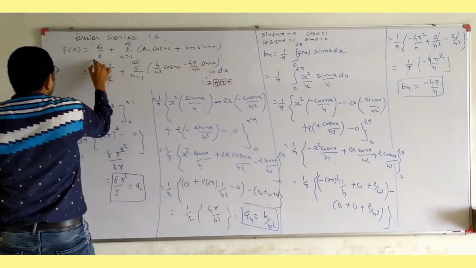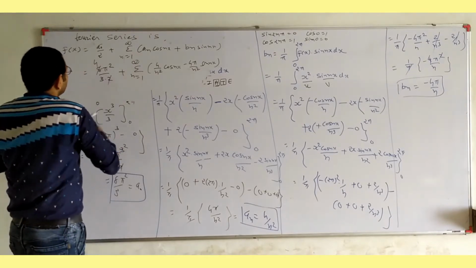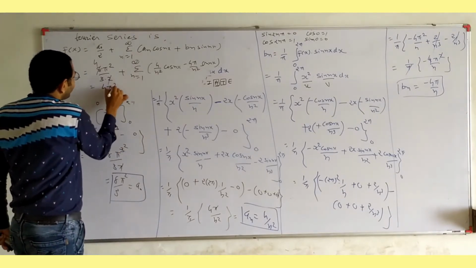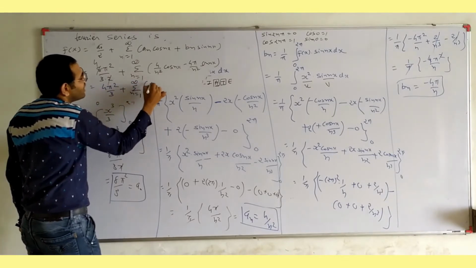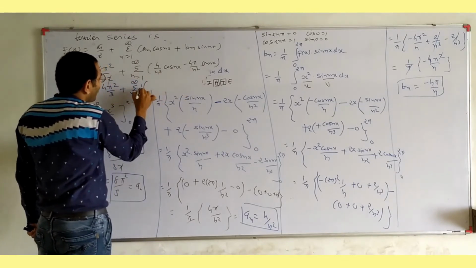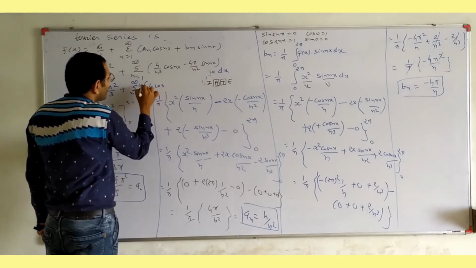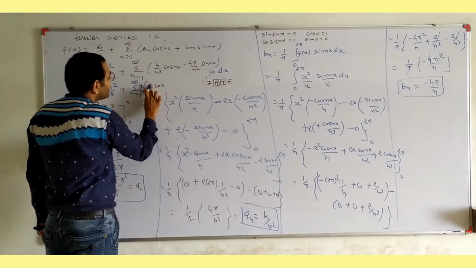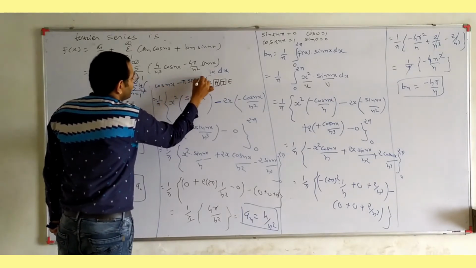Here 2 4s are common, then we get 4 pi square by 3 plus summation n equal to 1 to infinity. Here n square is common, and 4 is also common, then 4 (pi n square cos nx minus pi sin nx).